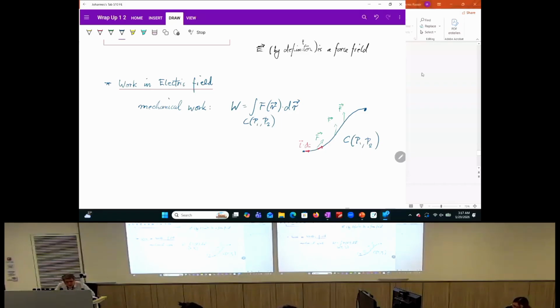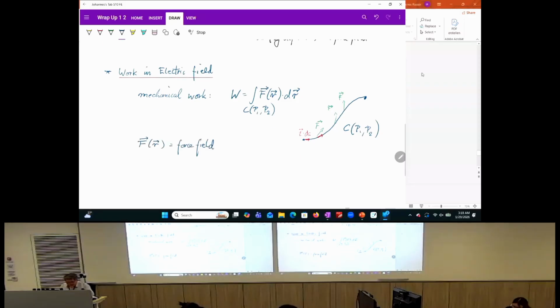When you integrate over the force field, the contribution is only by the component of the force. So this is a vector that is aligned with the tangential component of that segment. F is our force field, and the force is varying locally in general.